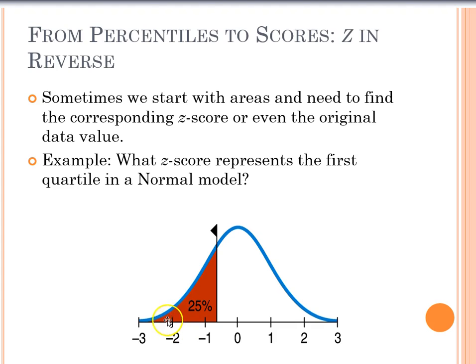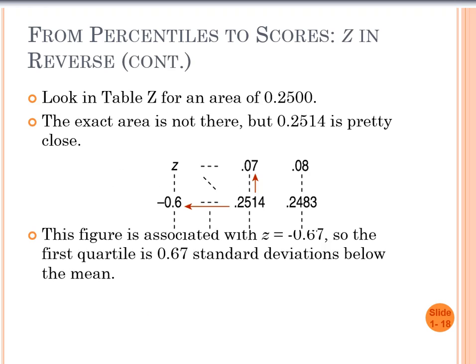In order to do this, we need to look at the percentiles in the middle of the z-table. So in the middle of the z-table are our different percentiles, and we have to find the one that's closest to 0.25 that represents 25%. From that middle portion of the table, we can reach out and find our z-score that's associated with the lower 25%.